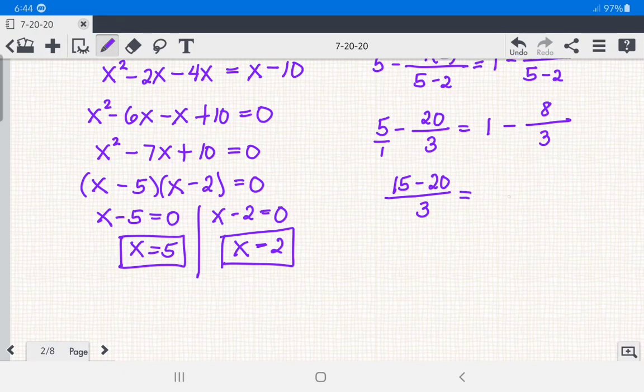Then equals, LCD again is 3. The denominator of this is 1. 3 divided by 1, we have 3, times 1, we have 3. Minus 3 divided by 3, we have 1 times 8, so we have 8. Now, let's see if they are equal.